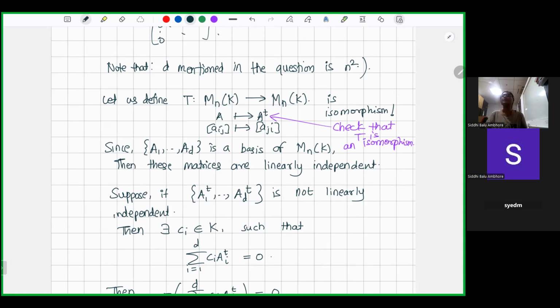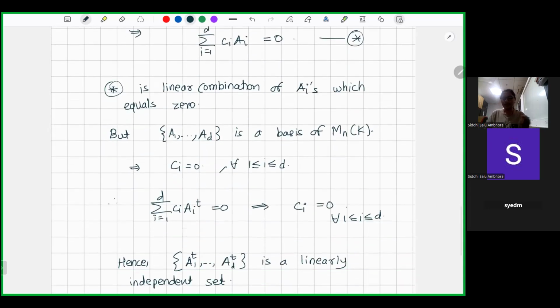The other way is to obtain a linear transformation such that when we compose with it, we get identity from both sides. So T itself here acts as the inverse of it. T composed with T will give me identity. So this is all about T being an isomorphism, because we used it. This is the essential part which we are using to prove this thing. So that's why I'm mentioning that.